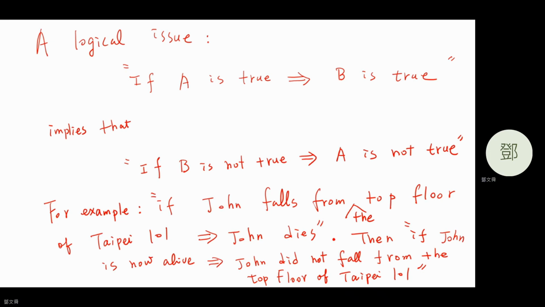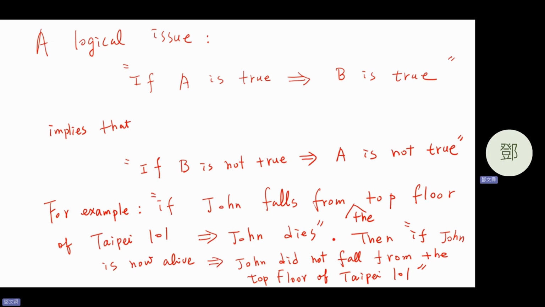The contrapositive of this proposition is the same: if B is not true, then A is not true. That is, not B implies not A.